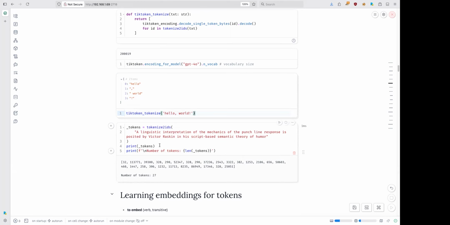We can have a look at our text about humor. The same text, our tokenizer tokenized into 37 tokens. Here, we see the IDs of tokens produced by ChatGPT. We see we have 27 tokens in total.